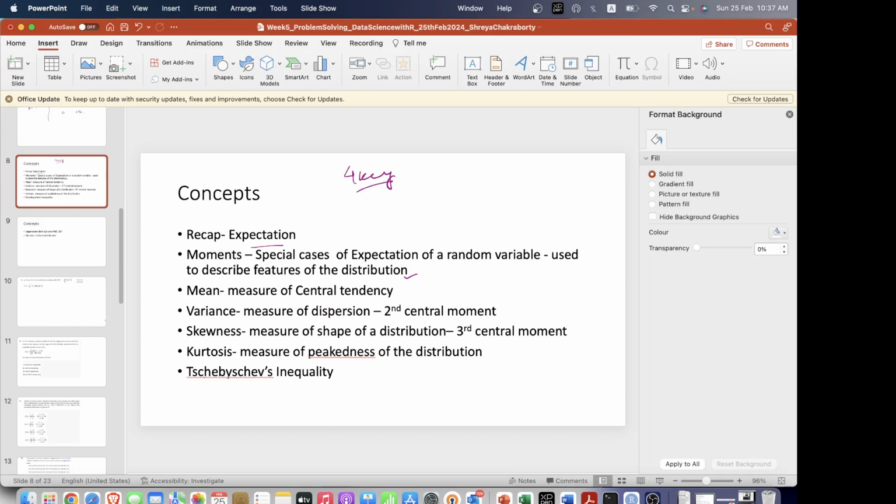So first is the central tendency, where the median or mean value of the distribution is centered. The second is a measure of dispersion or spread. And also we learnt about skewness, which tells us what the shape of the distribution looks like. And then we learnt about kurtosis, which is a measure of peakedness of the distribution.